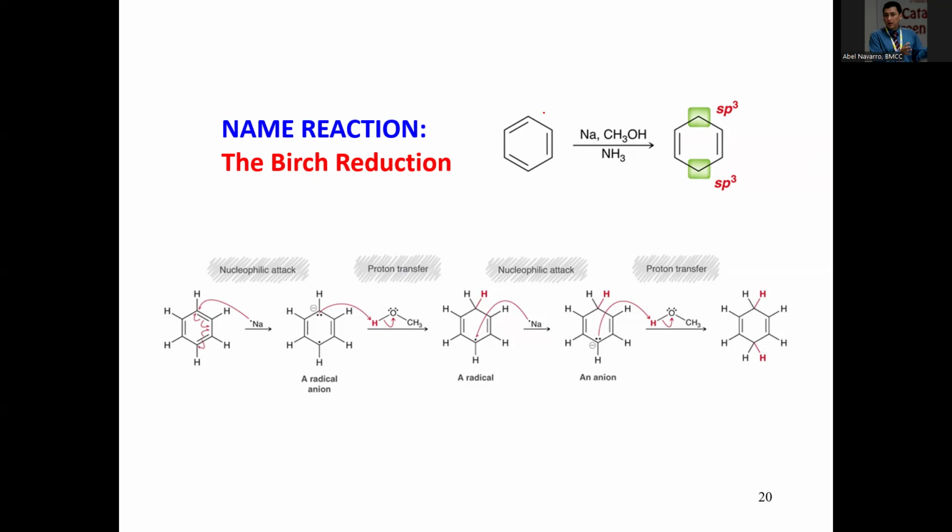Here everybody's sp2, and this one involves sp3. The mechanism involves radicals. You can see a radical here, and a radical right here. And then the oxidation of the metal sodium. Sodium is used in its native state because it provides the electrons. It oxidizes pretty easily. That's why it's used in this reaction.